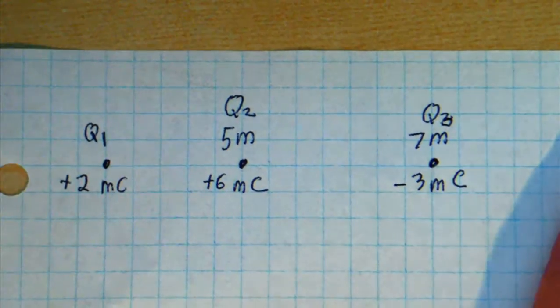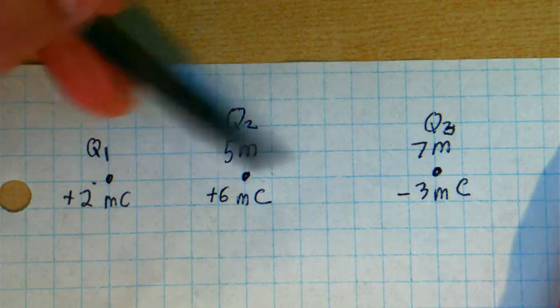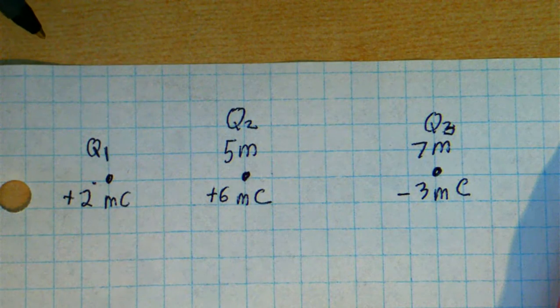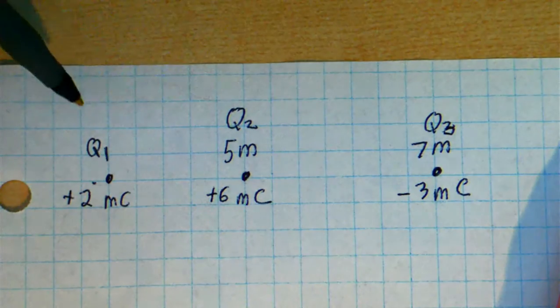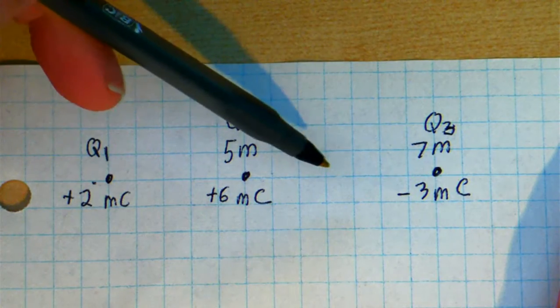So we've made up a random problem, and the random problem says I have three charges all in a row. And this school year, we're always going to do it just one dimensional. They're always going to be in a row.